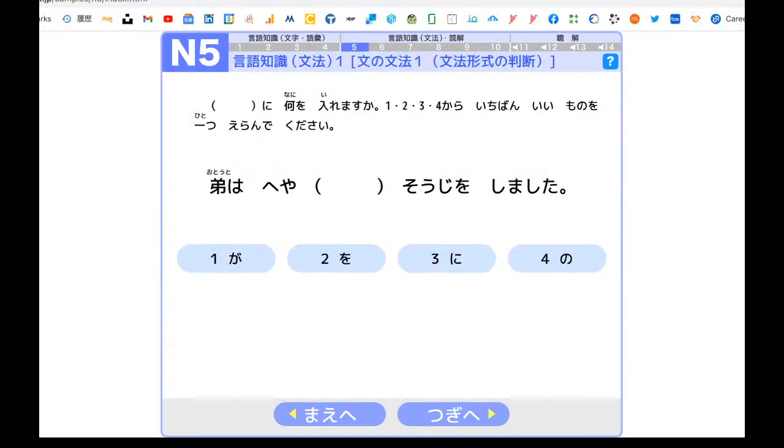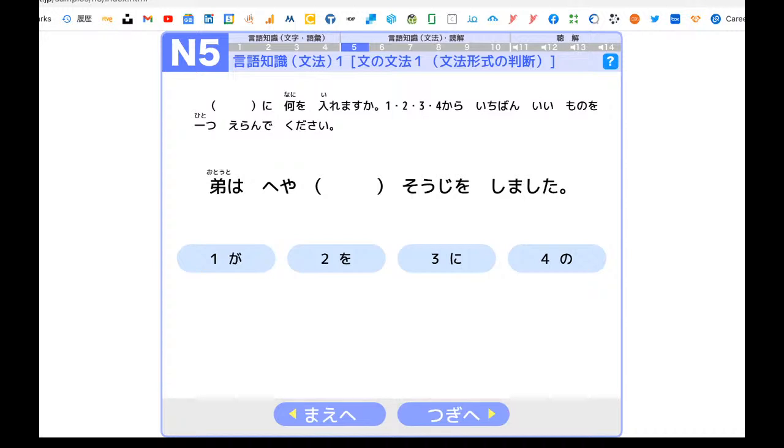So when you see the sentence, you see しました here. And 掃除をしました。So you have what for this verb. And we have who here. 弟はしました。So we have subject here.